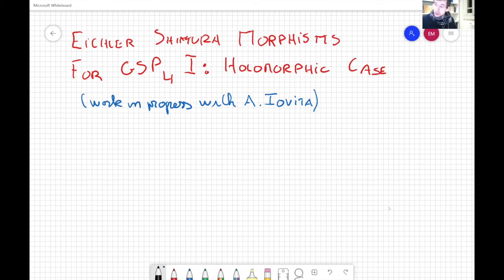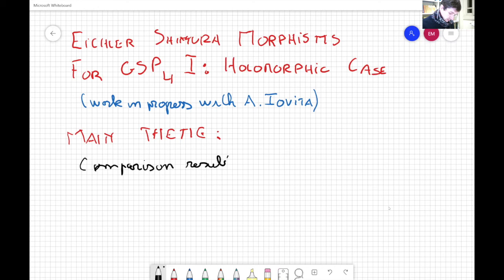In that case, for modular curves, we managed to produce, so the main theme, comparison results between p-adic etale sheaves and de Rham sheaves.